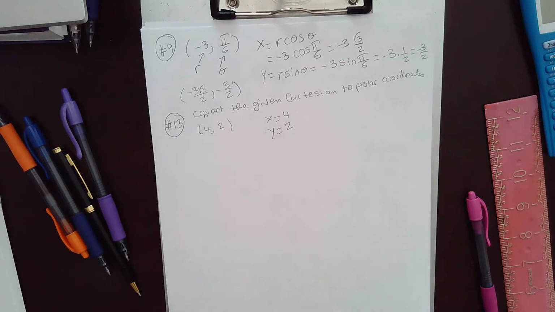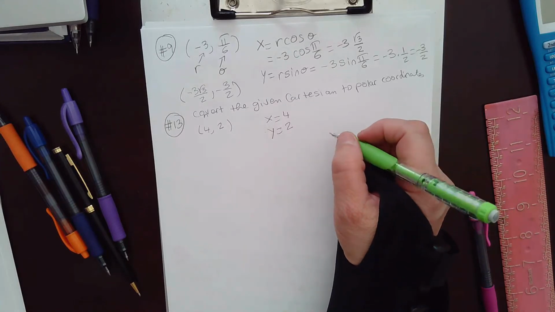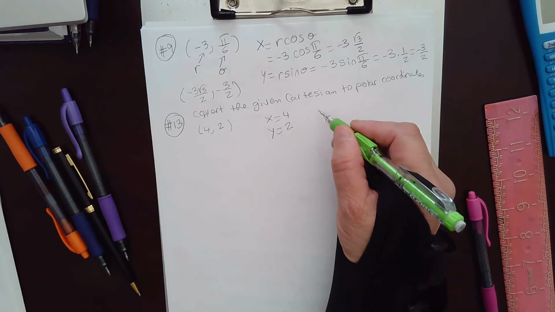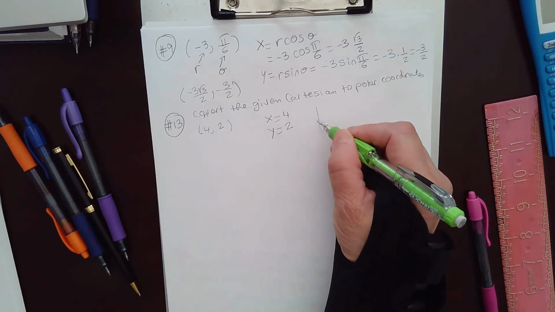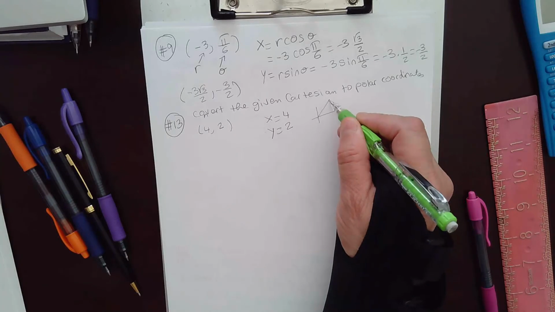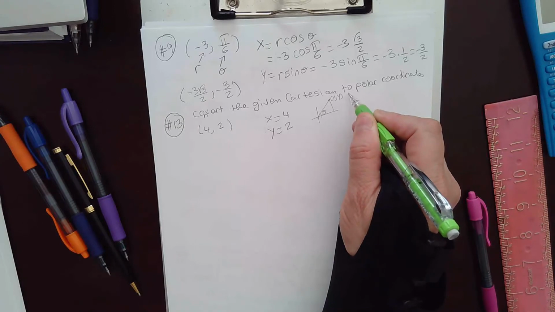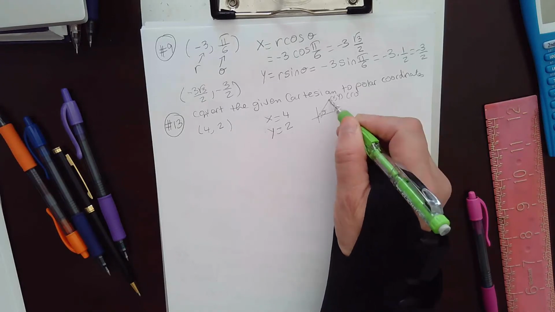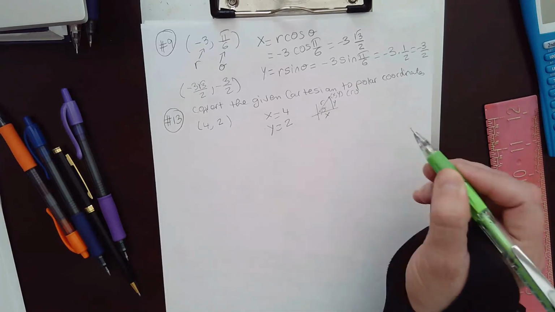Well, first, if we want to know how to find r, what do we use? It's x squared plus y squared equal r squared. If you can't remember it, here it is. Here's theta, and this is the point xy, and it's also r theta as well. So here is y and here's x, and this is r.